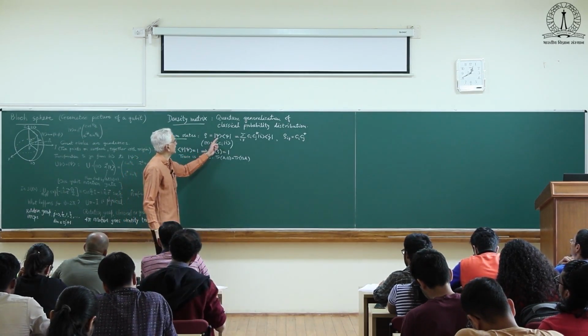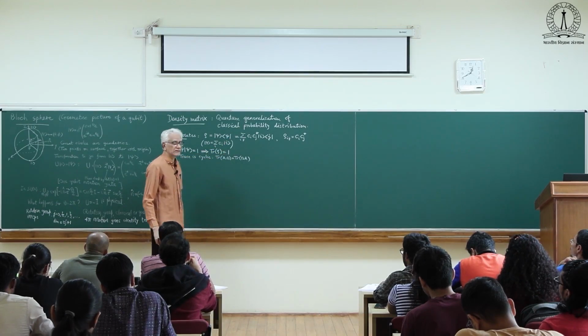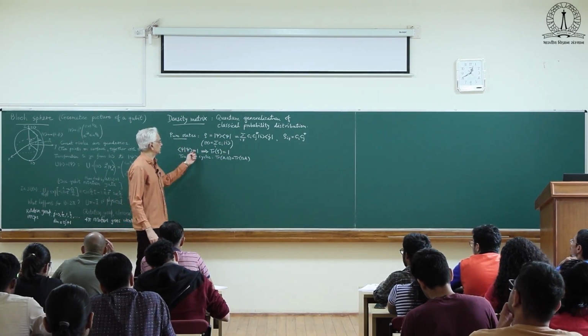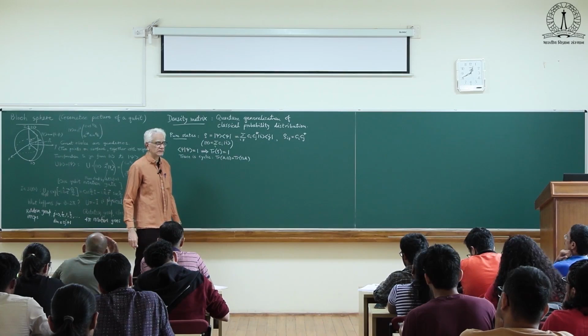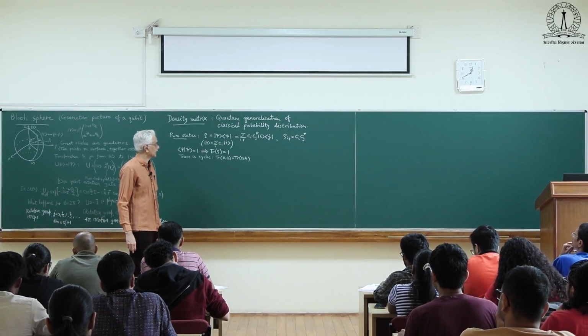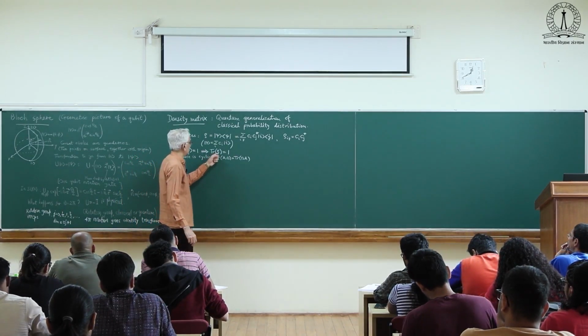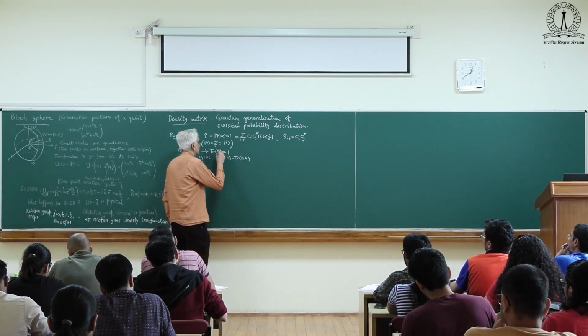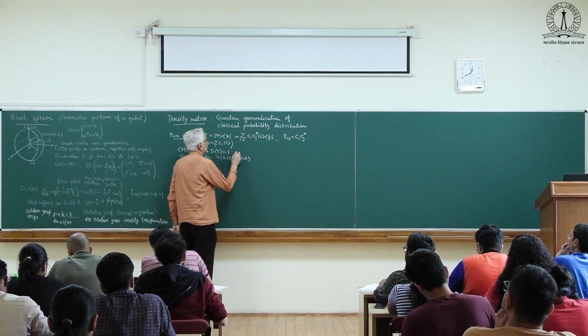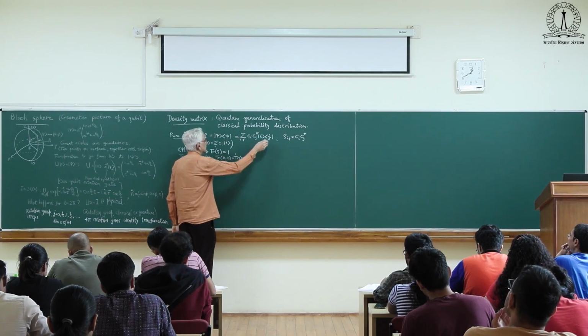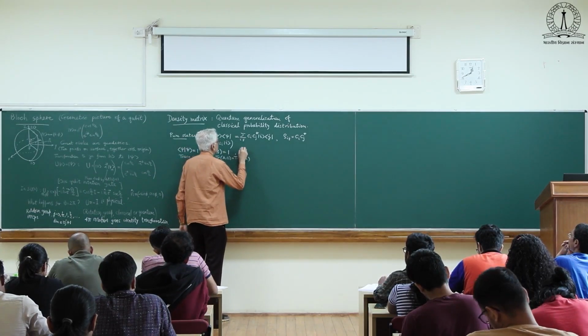So you take a trace, take it around and contract it on the other side, and that will give you 1, and that is what this symbol satisfies.